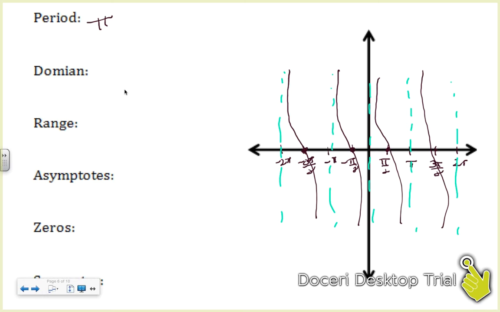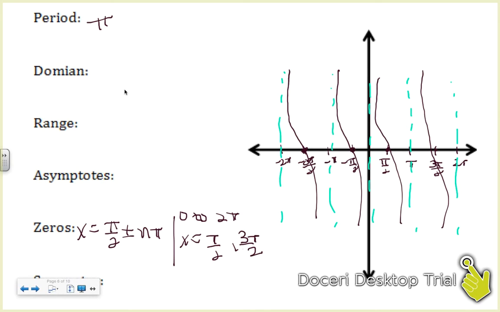So my zeros are at x equaling pi over 2 plus or minus n pi. If I were to put it on the quiz, it would be like, give me the interval between 0 and 2 pi, and that would just be x is equaling pi over 2 and 3 pi over 2. Your asymptotes would be at plus or minus n pi.